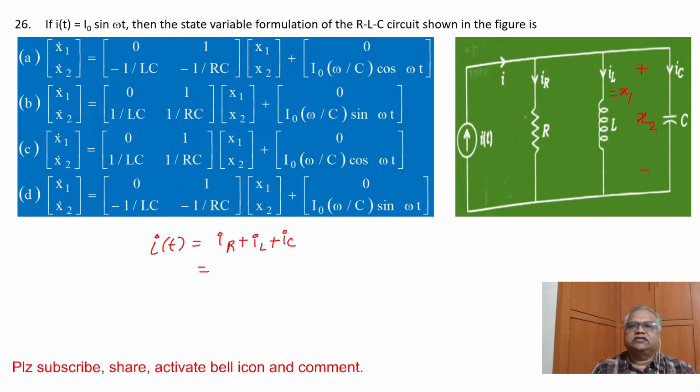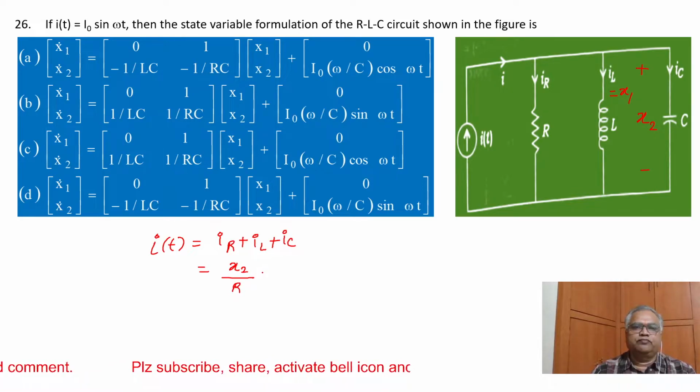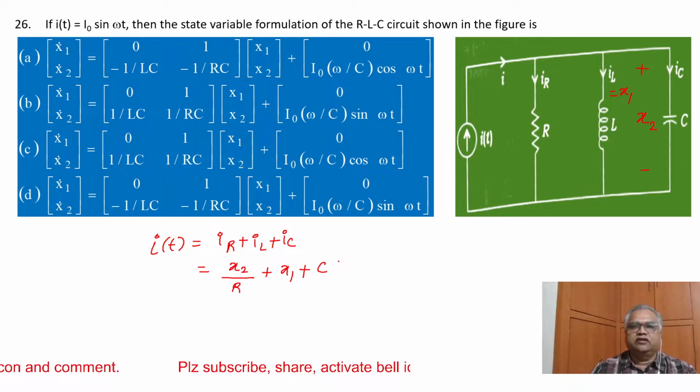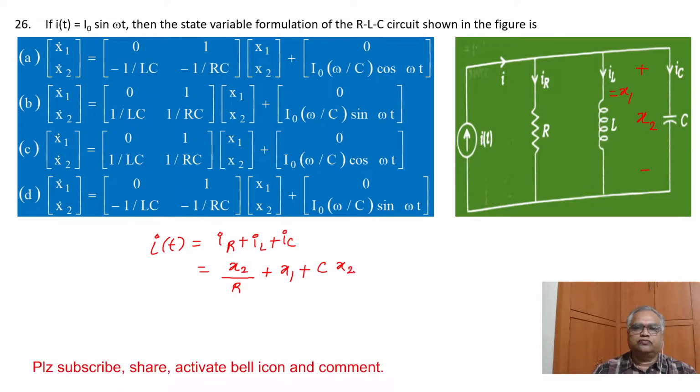So in that sense, what is the IR current? Voltage by resistance. What is voltage across? All are parallel now. So x2 by R plus IL. What is IL? Is the state variable x1. Then IC is C dVo by dt, so that means C x2 dot. From this, what is x2 dot?